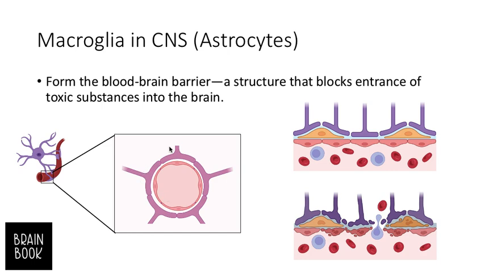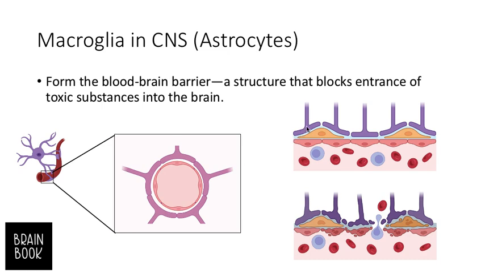And as you can see here, these are astrocyte projections that cover the blood vessel and make a kind of dam that does not let all the components which are present in the blood vessel enter the brain.